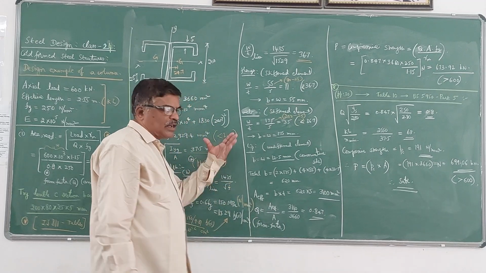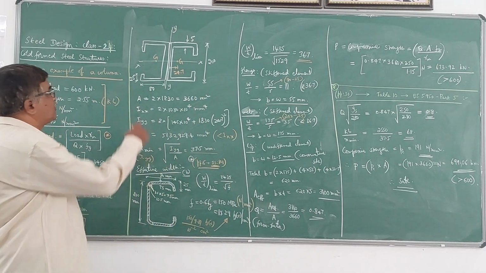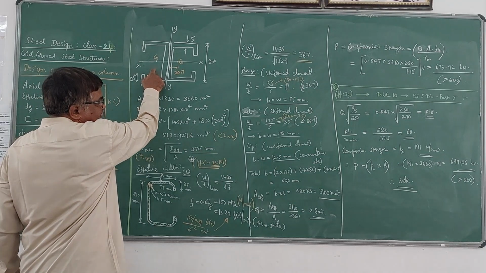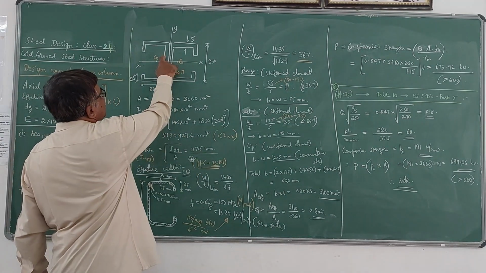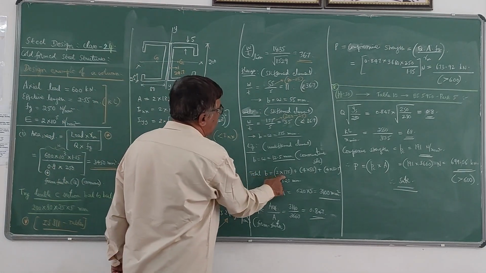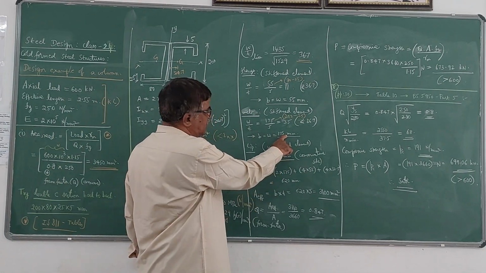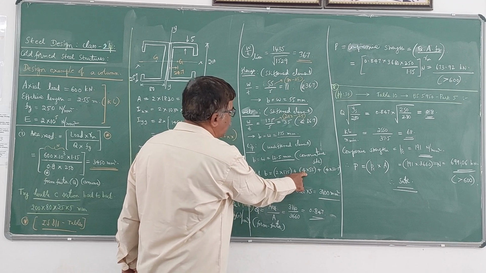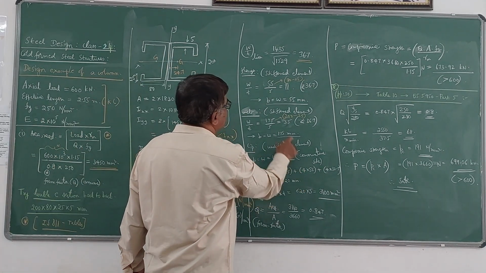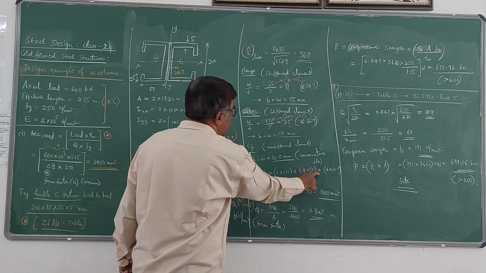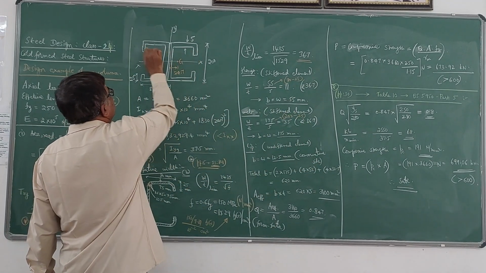So now the total effective width. For this section I have to calculate the total effective width. There are two webs here. So 2 times 175, for one web it is 175, plus there are 4 flanges, 1, 2, 3, 4 flanges. So 4 times 55 for the flange, plus there are 4 lips here, 1, 2, 3, 4.